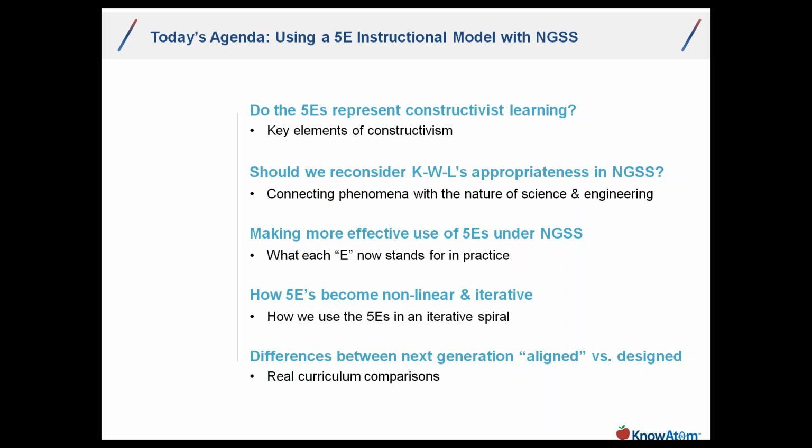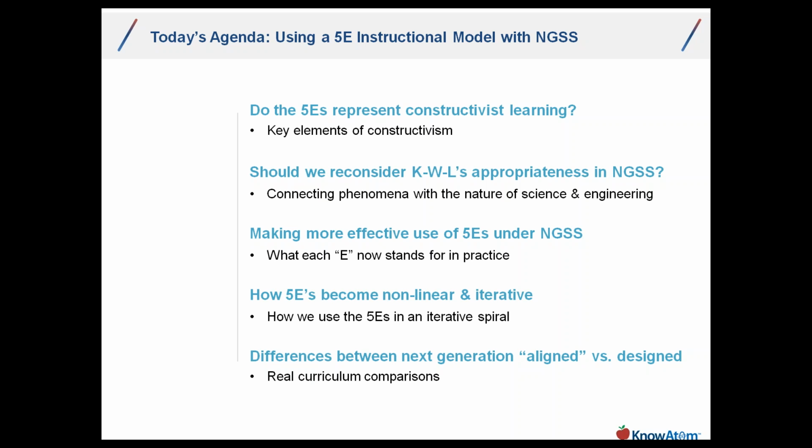And then, how can we make more effective use of the 5 E's under NGSS? We'll look at how the 5 E's are transitioning from what many people apply linearly, in a phased approach, to something much more nonlinear, combining different aspects of the 5 E's simultaneously as part of that instructional environment.